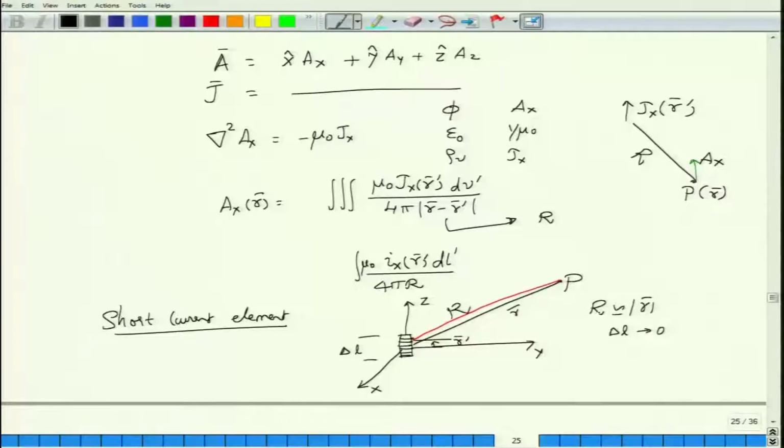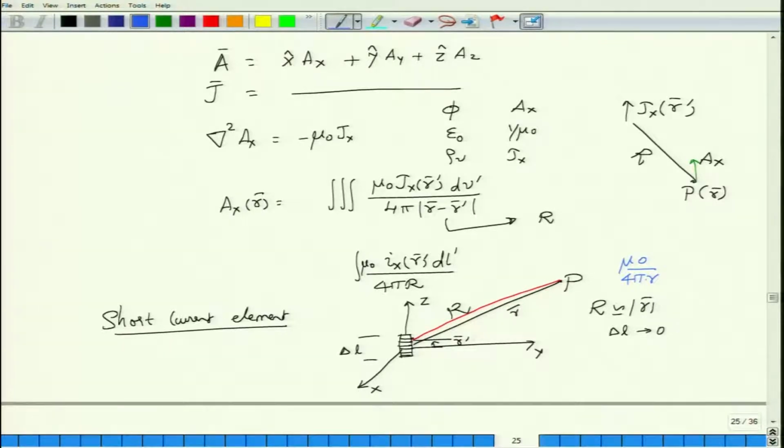But at this point, how do I calculate the magnetic vector potential? Well, there is no need to even perform the integral, because the current over this short current element will be assumed to be uniform and constant. So this integral of Iz of r prime dl can be simplified as mu naught by 4 pi r, because we have made capital R approximately the magnitude of the small r itself.